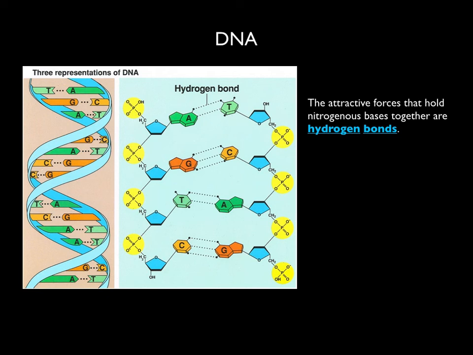Notice in the figure that adenine and thymine are held together by 2 hydrogen bonds, and cytosine and guanine are held together by 3 hydrogen bonds.